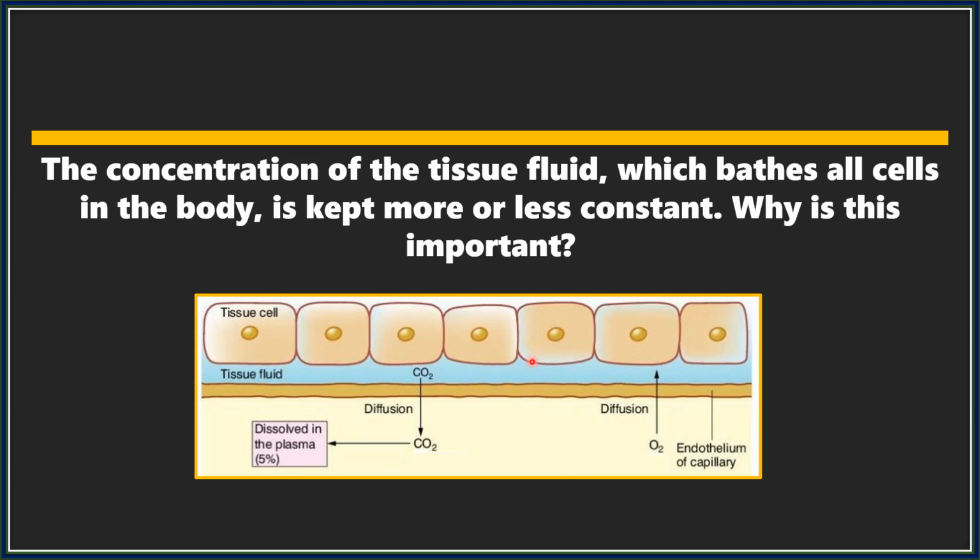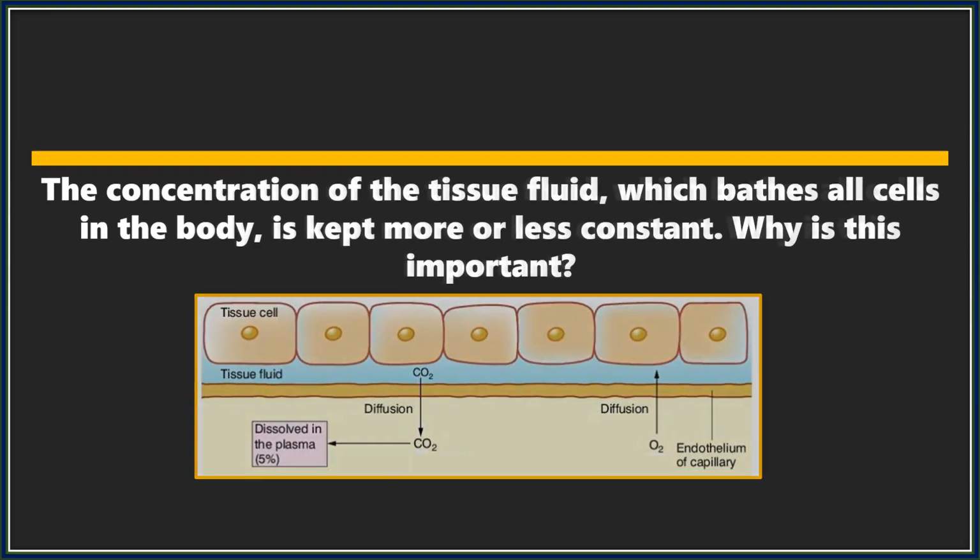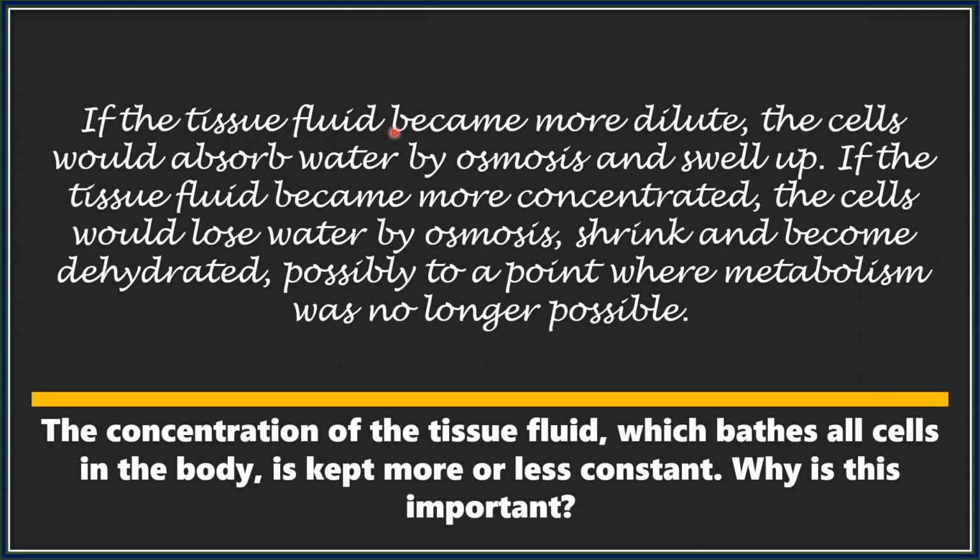For it to be kept at a constant concentration: if the tissue fluid became more dilute, the cell would absorb water by osmosis and swell up. If the tissue fluid became more concentrated, the cells would lose water by osmosis, shrink, and become dehydrated, possibly to a point where metabolism was no longer possible.